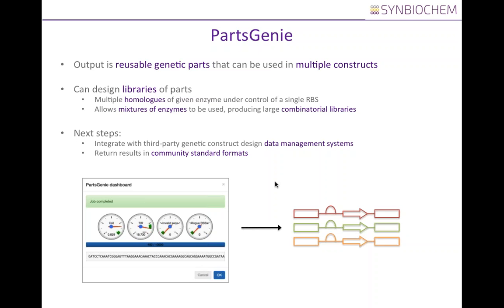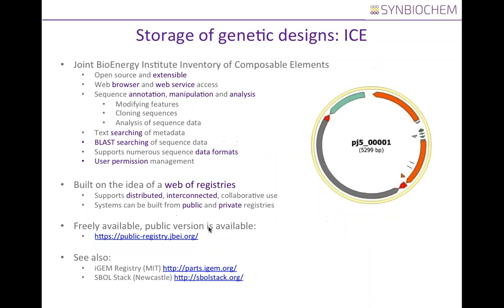Once we've produced this, the next step is to integrate the output from the algorithm and the software with data management systems. And we also want to use, as I mentioned earlier, community standards where possible. So we use a third-party system for storage of genetic designs, and that's called ICE. This is the Joint BioEnergy Institute Inventory of Composable Elements, quite a grand name.